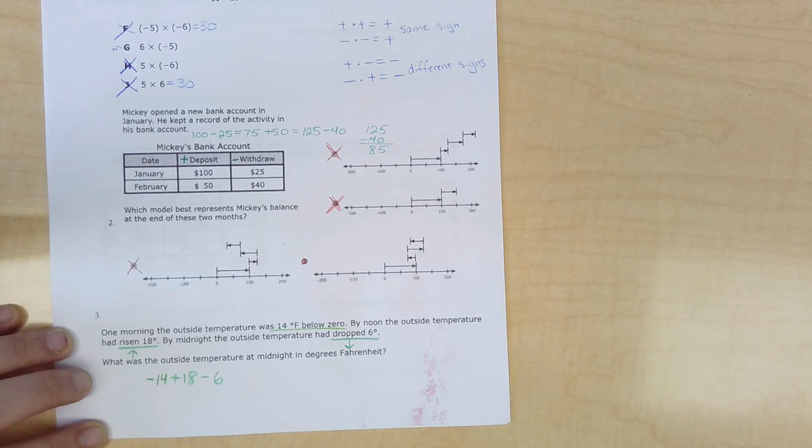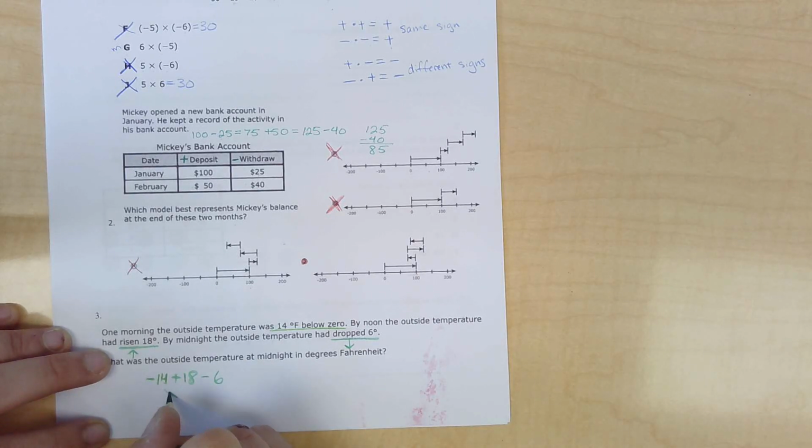So now, here we are, negative 14 plus 18. That can be viewed as 18 minus 14, which will give you 4. Drop our subtraction sign, drop our 6.